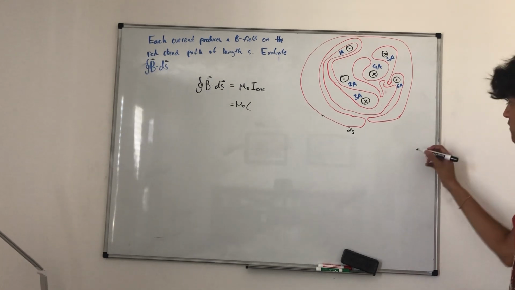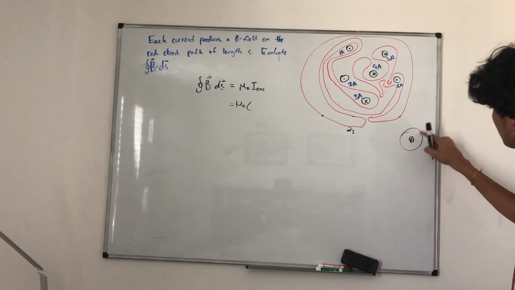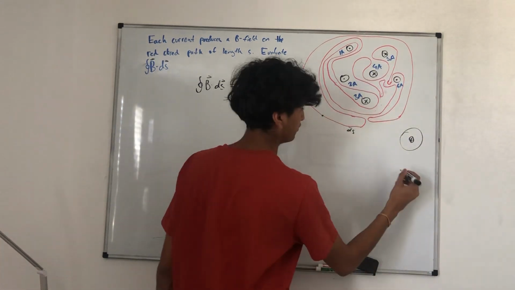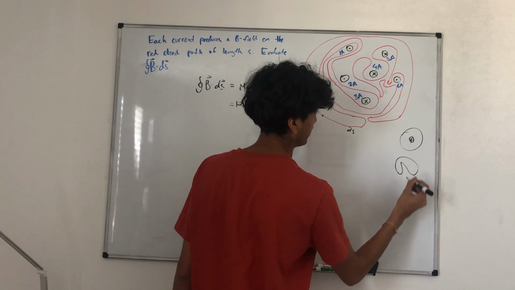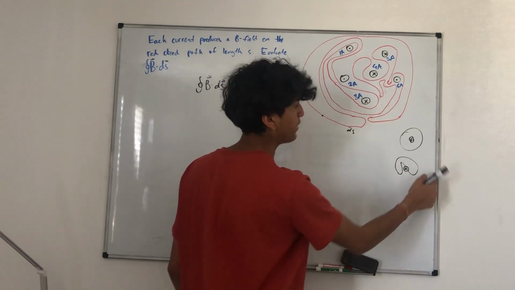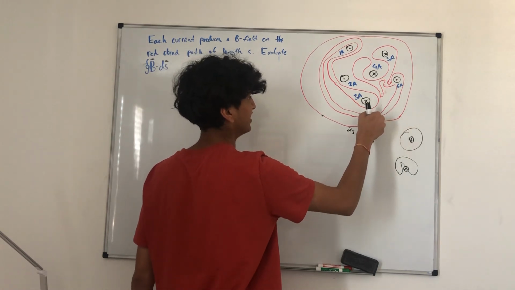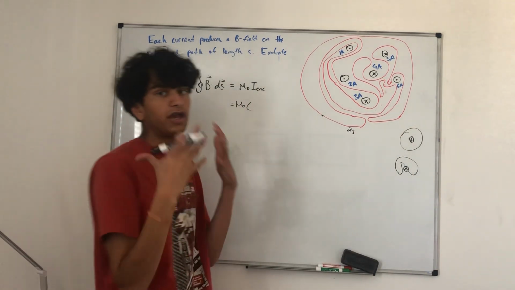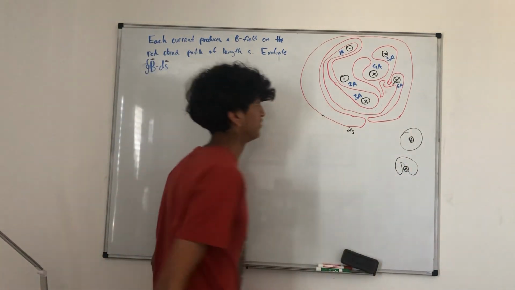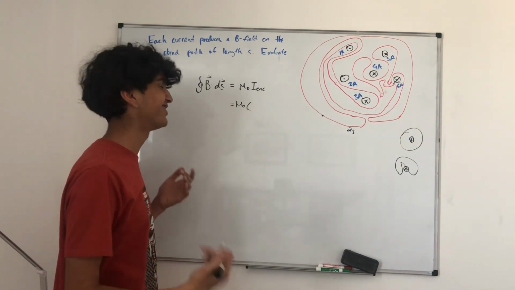If something's enclosed in a loop, it's not going to be able to leave that loop. Same thing here, this 6 amp current can get out of the loop there. So it's not going to be part of the I enclosed, and we can just not think about that. This is kind of an annoying problem in that sense.